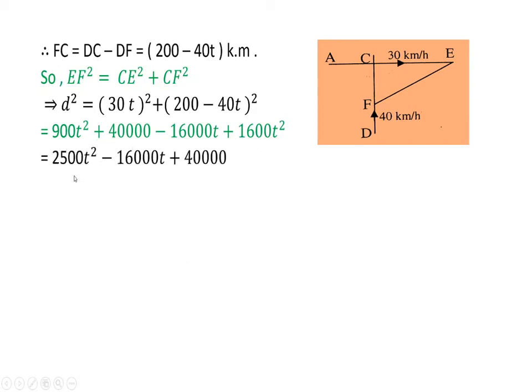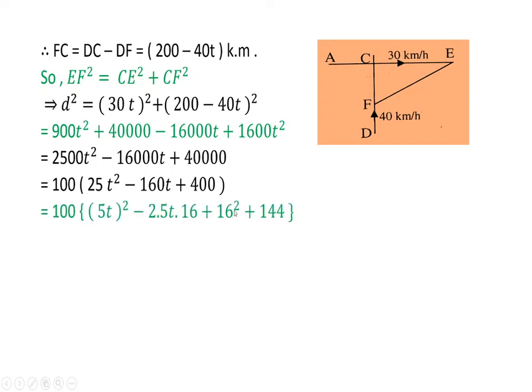Here after calculating we get 2500T square minus 16,000T plus 40,000. If we take common 100, then we get 100 into (25T square minus 160T plus 400). If we write it in this form, then we get 100 into ((5T minus 16) whole square plus 144).